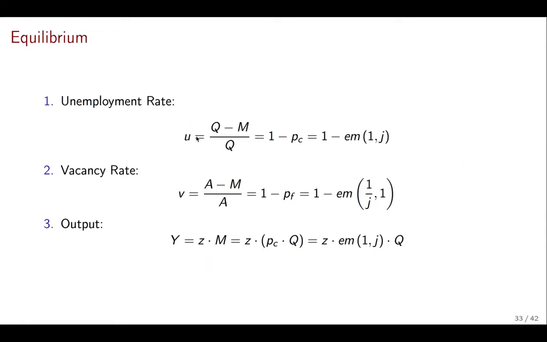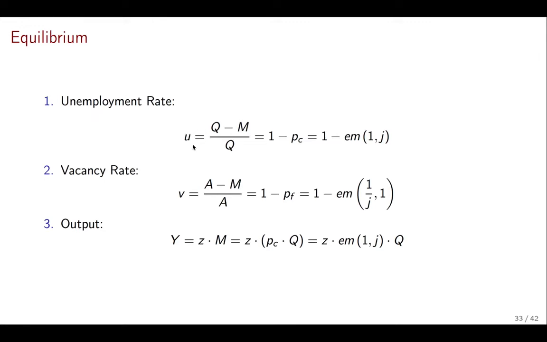It's going to be equal to the number of employed people relative to the economically active population. Now, if we distribute here, Q over Q is 1, and M over Q is exactly given by PC.